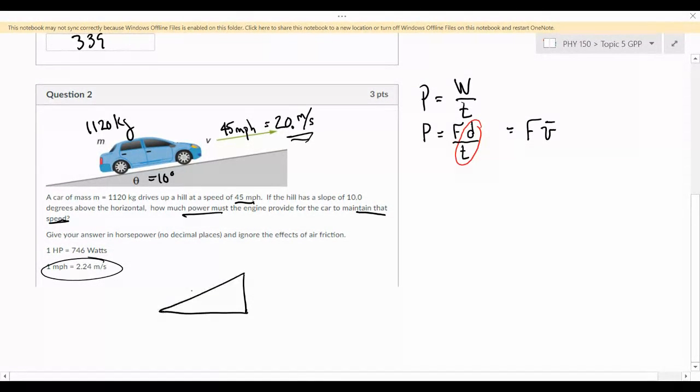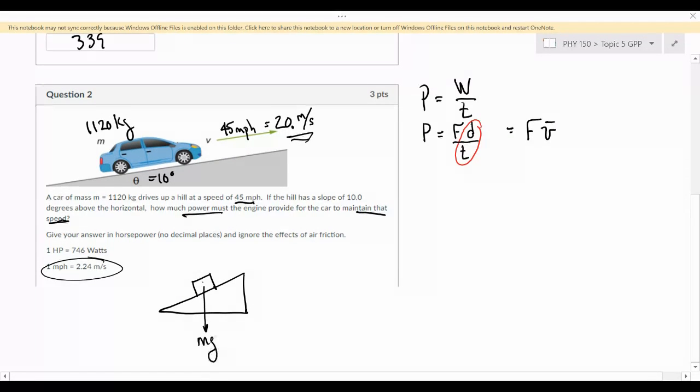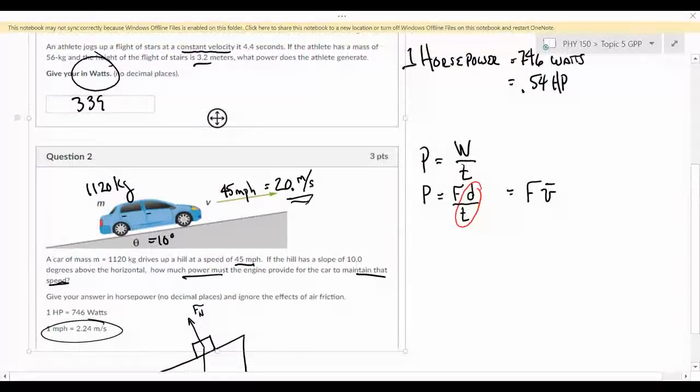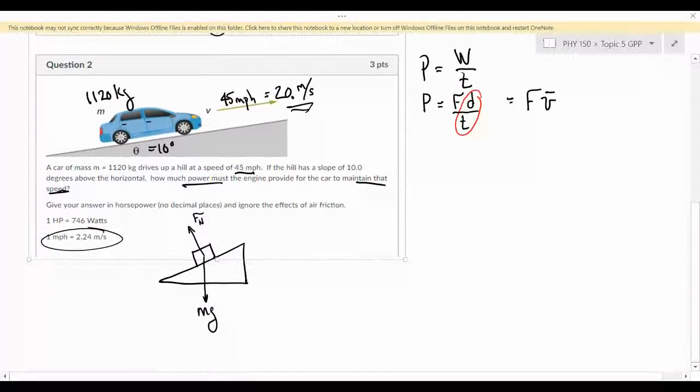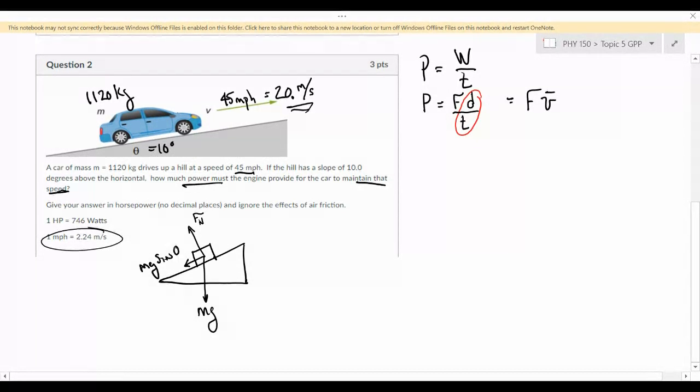This we might remember. On an incline, the free body diagram would have mg, Fn, and then the parallel force. mg sine theta is the force down the hill that the car has to overcome.